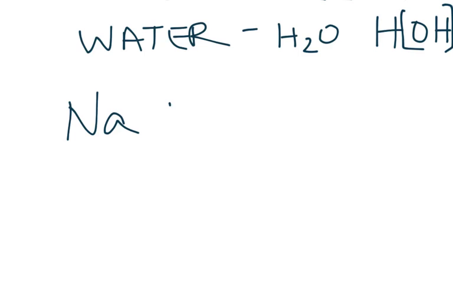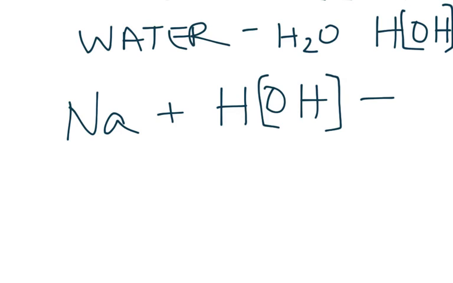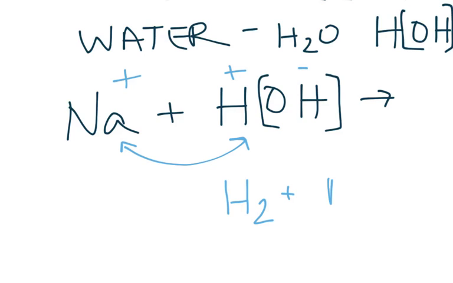If you do that and you put sodium plus HOH, all of a sudden, it's really obvious what's going to happen in a single replacement. Sodium's a positive, hydrogen's a positive, hydroxide's a negative, so it's these two that will swap places. My hydrogen is now flying solo, as much as he can because he's diatomic, and my sodium and my hydroxide end up combined. Those are single replacement reactions.